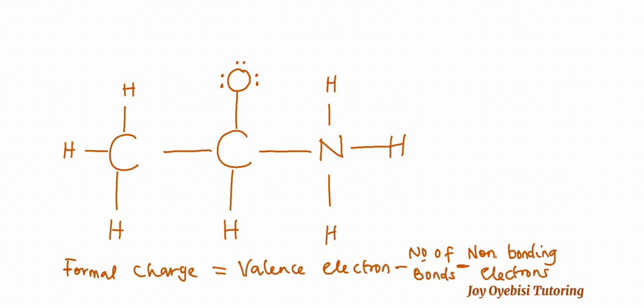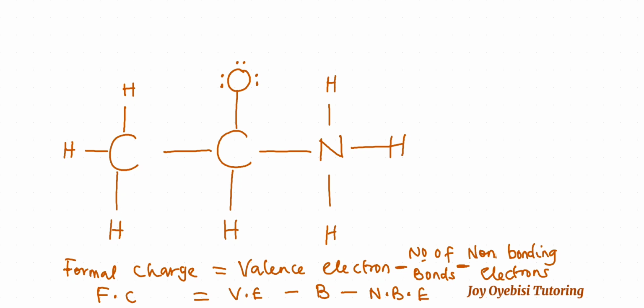Okay, so in a short form, we can write this as FC equals VE minus B minus NBE. Okay, so that's the short way. Now you have this formula. Let's do that of the carbons.